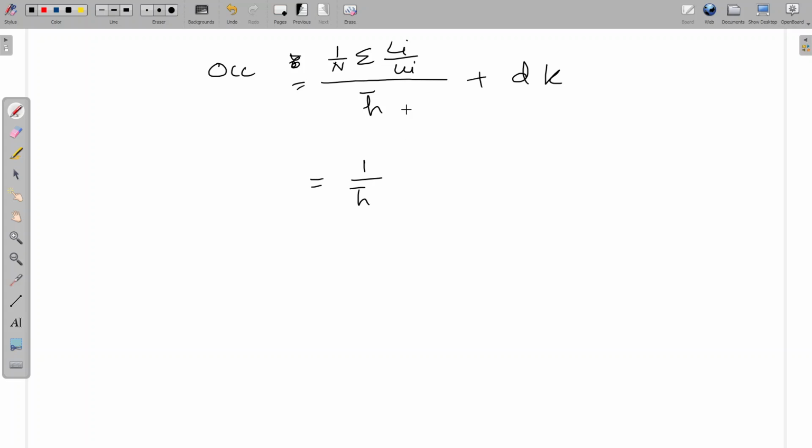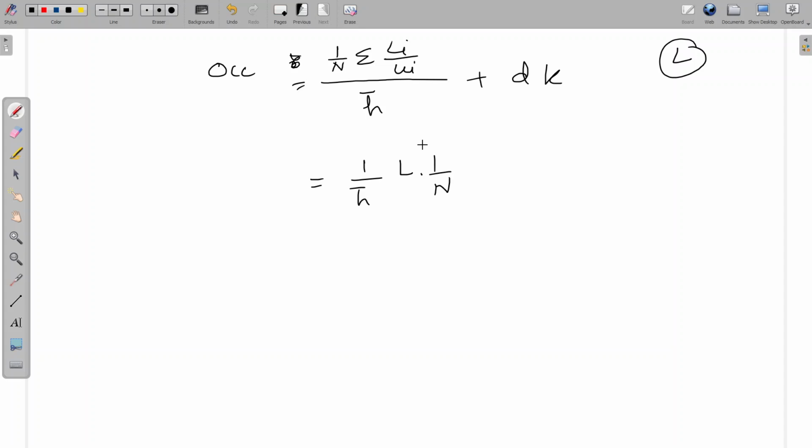Now you see, the length of the vehicles may be different for different types of vehicles, but for simplicity we can assume that the length of all the vehicles is the same. So let us say the length of all the vehicles is L. What I can write here: I can take L outside, L into 1 upon n.